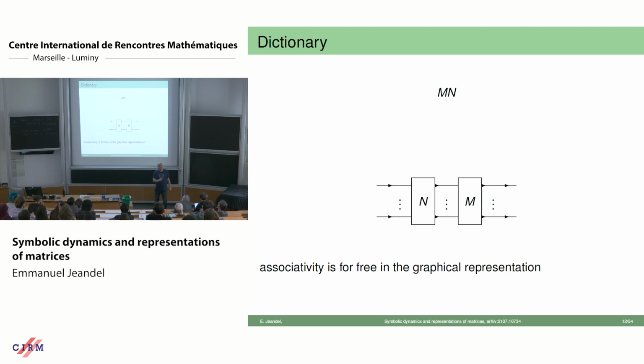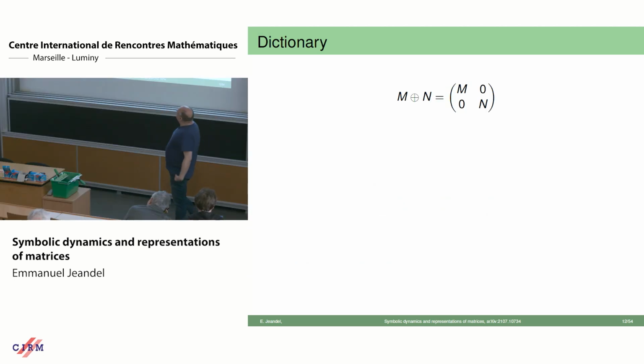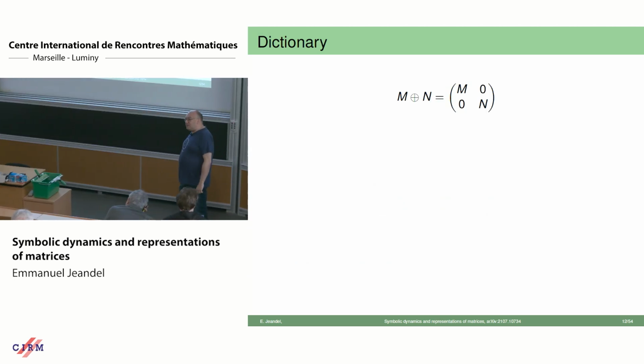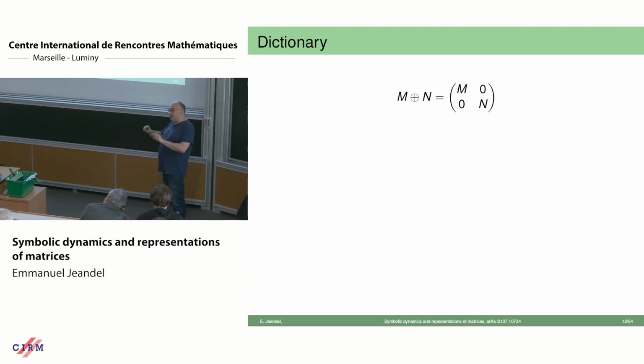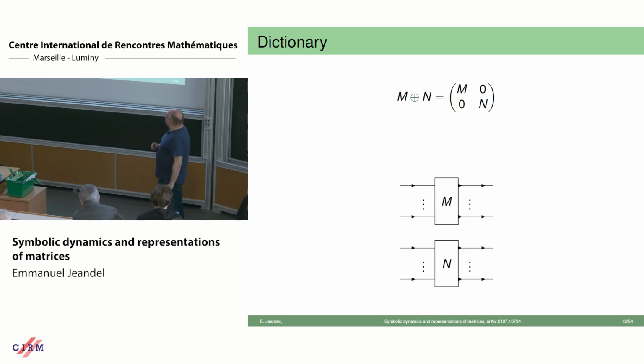Okay, so this is M times N. Now if I look at M plus N, if I take a vector v and think of v as having 2 parts, u and w, then it's clear that M is acting on u and N is acting on w, which means that the good representation of this is to just put them in parallel.